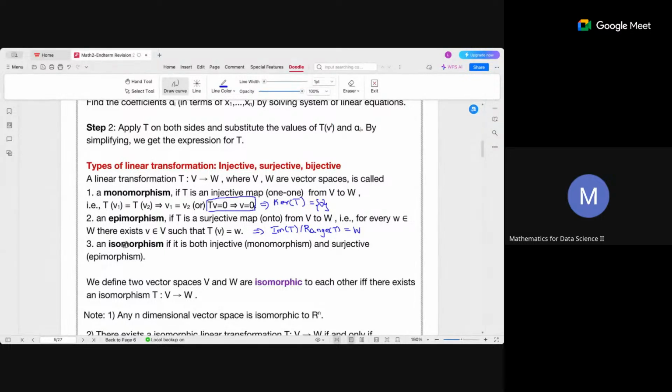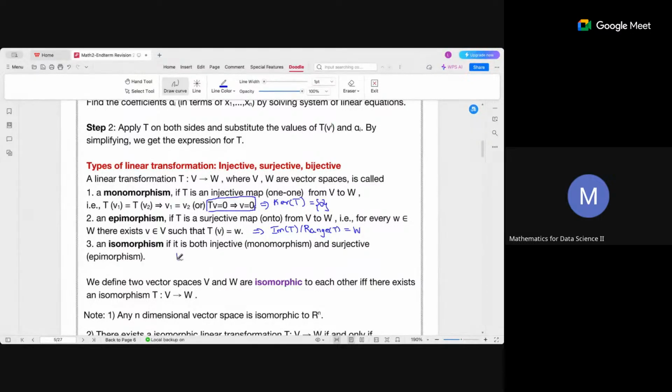Right? And what is an isomorphism? If it is both one-to-one and onto, then we say that T is an isomorphism. In that case, you have both kernel 0 and range is W. Now from the rank-nullity theorem, what will you get?